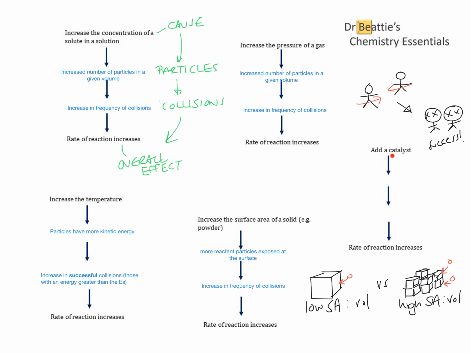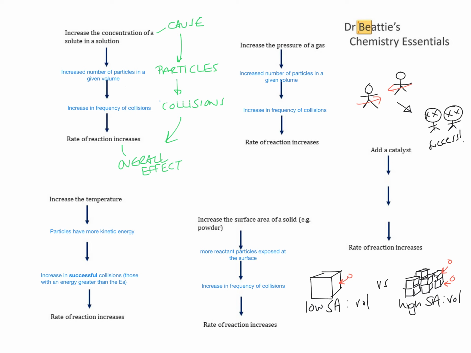And finally, if we add a catalyst, then the rate of reaction increases because a catalyst is a substance that speeds up a reaction without itself getting used up, and it speeds up this reaction by providing an alternative pathway of lower energy. Now, to use another analogy, we could imagine that this is a bit like high jump, and our particles' successful reaction is them overcoming the bar.